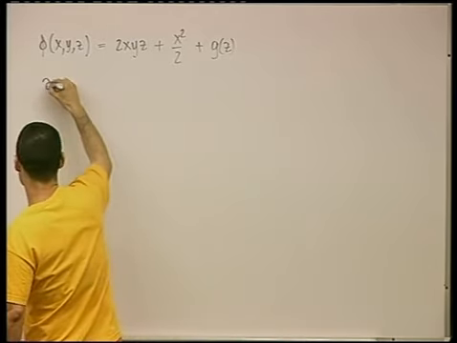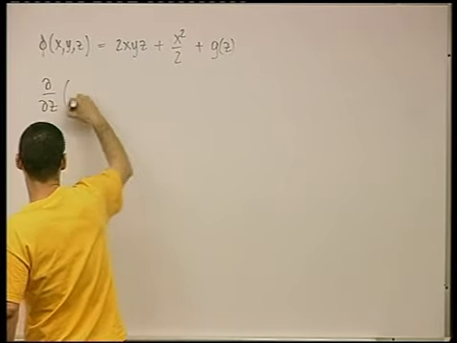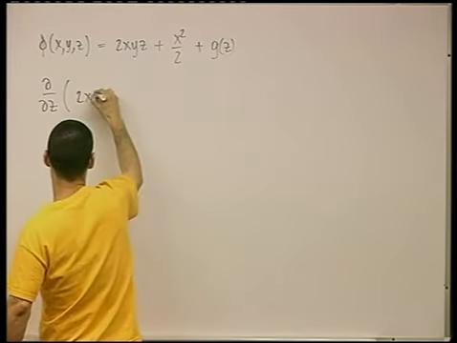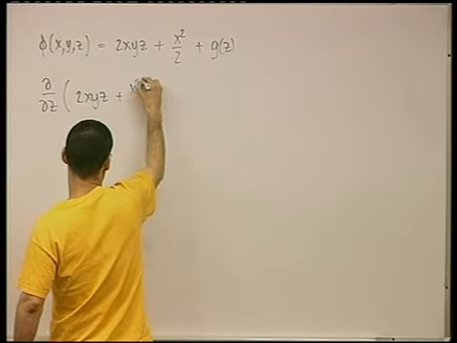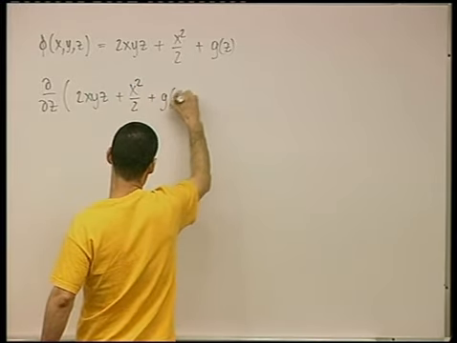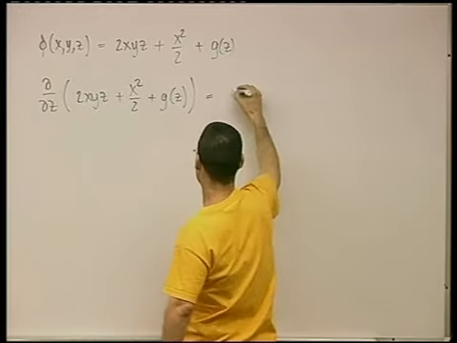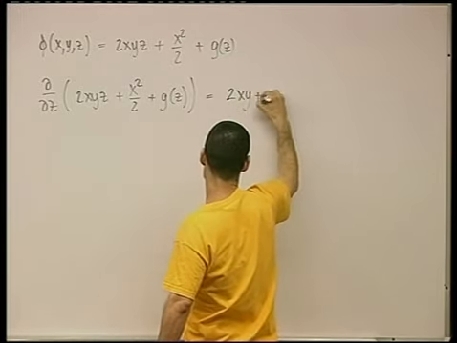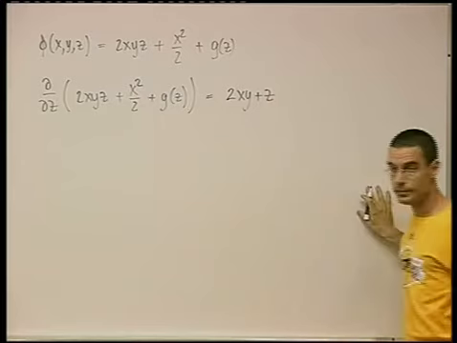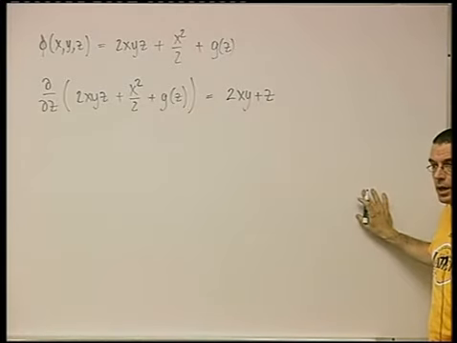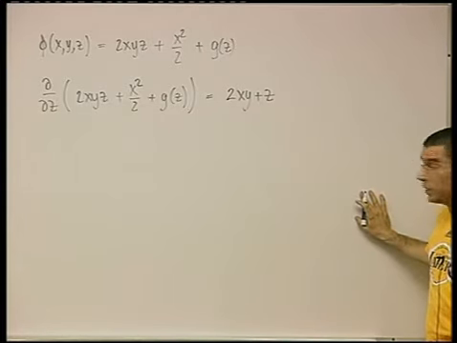So the derivative with respect to z of this thing, 2xyz plus x squared over 2 plus g of z, has to equal r, and r was 2xy plus z. Okay, so this is the third thing that we know.